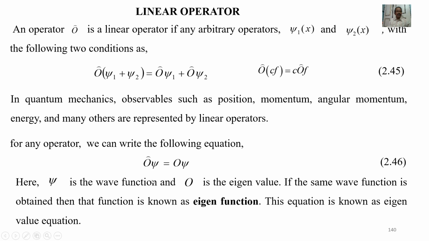Here psi is the wave function, O is the eigenvalue, and O cap, the small cap, is called an operator. If the same wave function is obtained, then this wave function is called an eigenfunction. So here, on the left hand side you can find psi, and on the right hand side you also find psi, and this wave function is nothing but the eigenfunction. This equation is known as the eigenvalue equation.